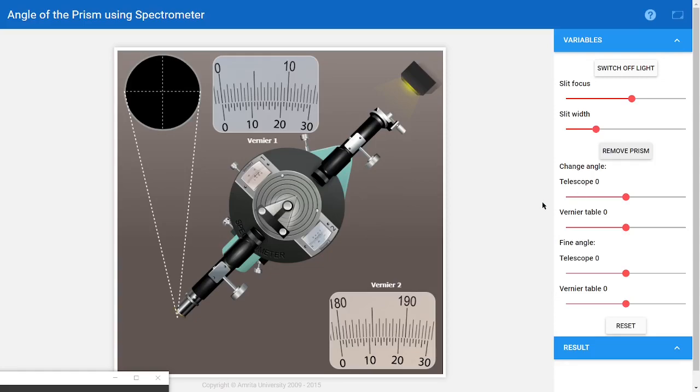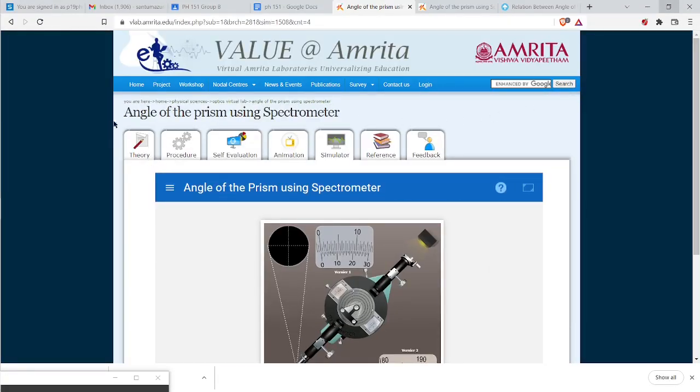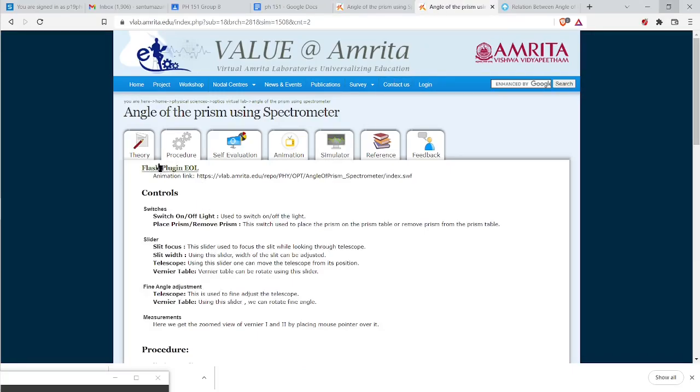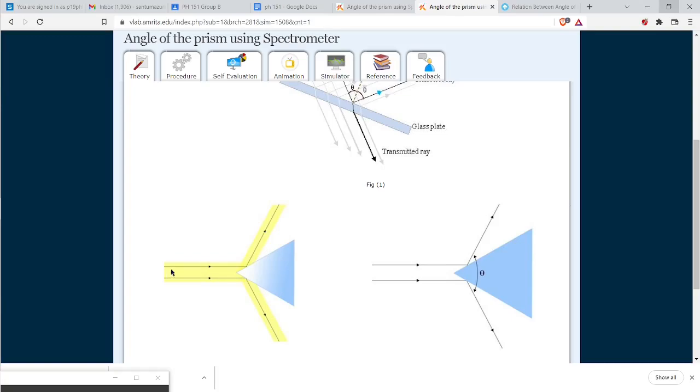Now we are going to perform the experiment. So as we can see from the theory itself, let's go for the theory. Light is coming from the collimator and this is falling on this face. You can say for us this is face 2 and this is face 1.